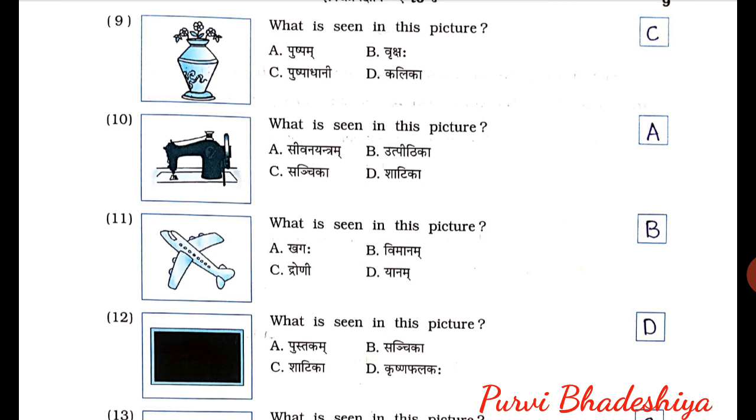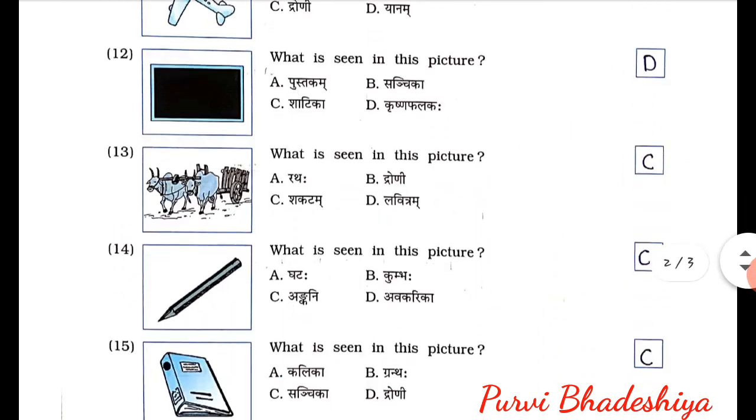And the answer is A. Shivan Yantram. 11 number, what is seen in this picture? And the answer is B. Vimanam. B. Vimanam. 12 number, what is seen in this picture? And the answer is D. Krishna Falakam. D. Krishna Falakam.